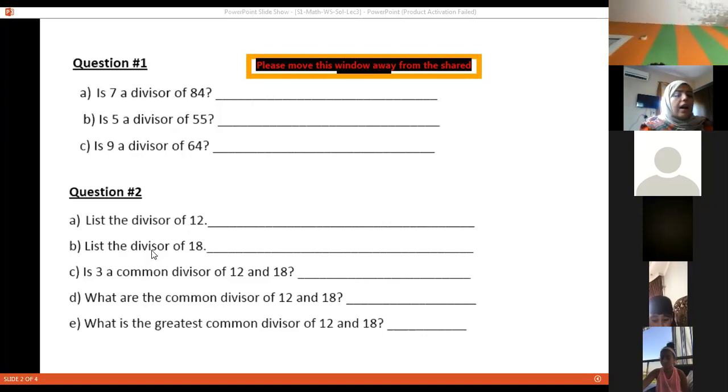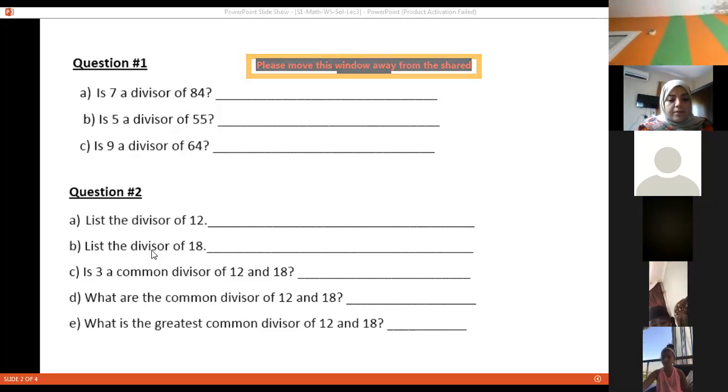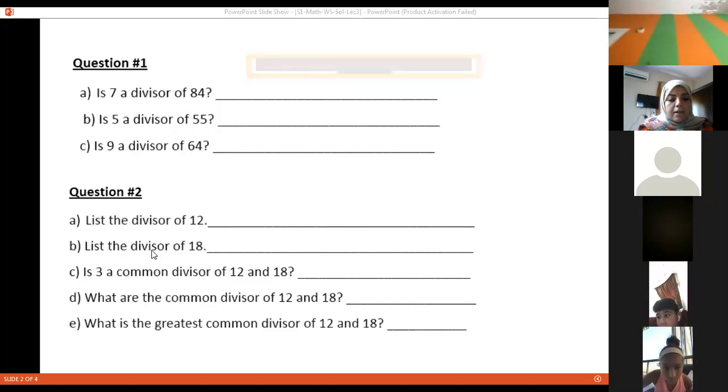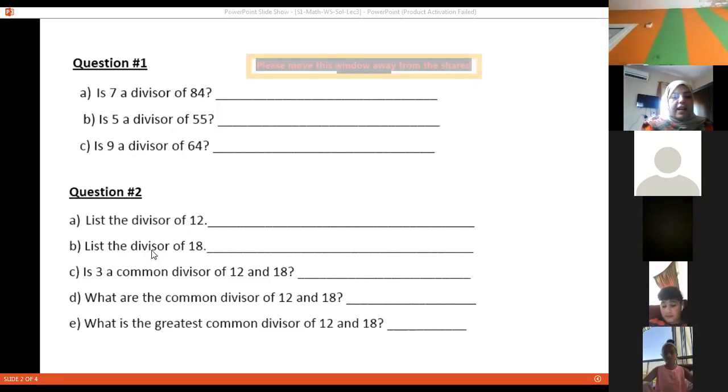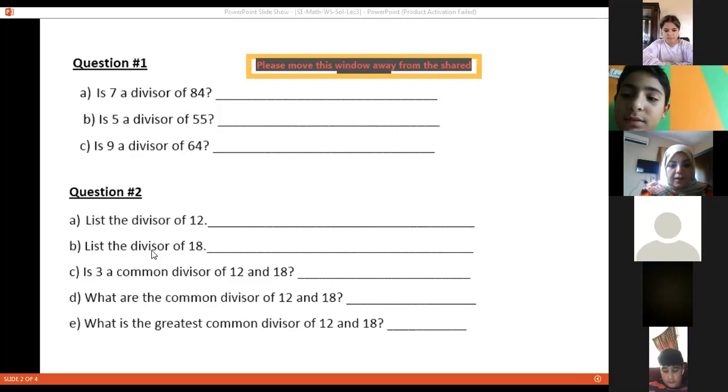How did you know that 5 is a divisor of 55? As I told you before, you have to look for a number you multiply by 5 to get 55. So what's this number? 11. Very good, Hadi. So 5 times 11 is 55. So yes, 5 is a divisor of 55.